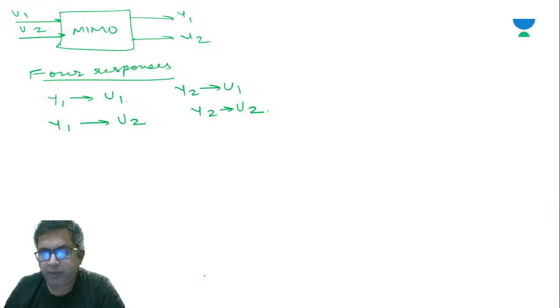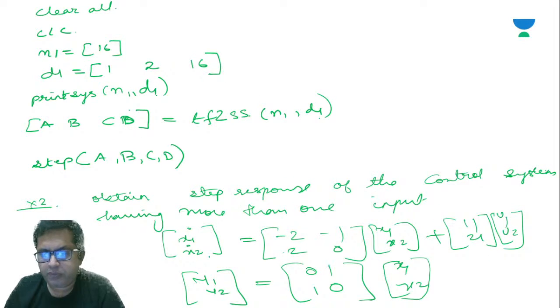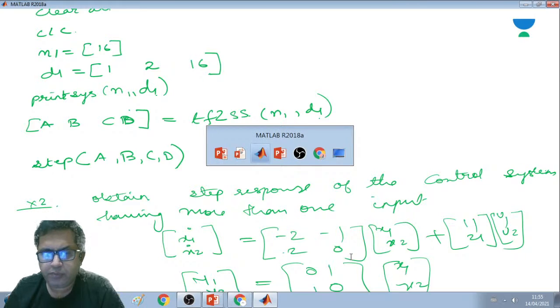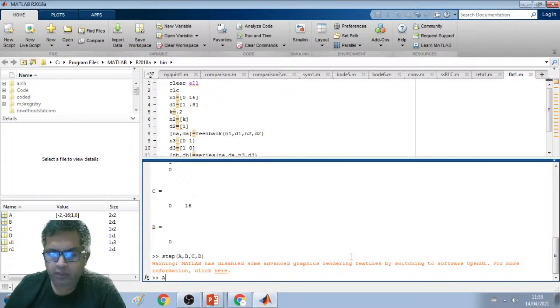See the matrix [-2 -1; 2 0], that is the A matrix. A equal to [-2 -1; 2 0].